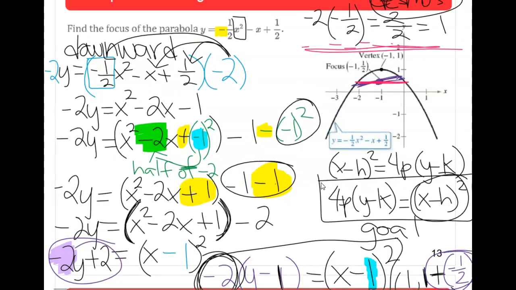It has to be parallel to the directrix or perpendicular to the major axis, which in this case will be this line, the axis of symmetry, to be more specific, which in this case will be the line x equals -1 for the axis of symmetry. So the latus rectum, which is here in pink, has to be perpendicular to that axis of symmetry, and it will be parallel to the directrix.